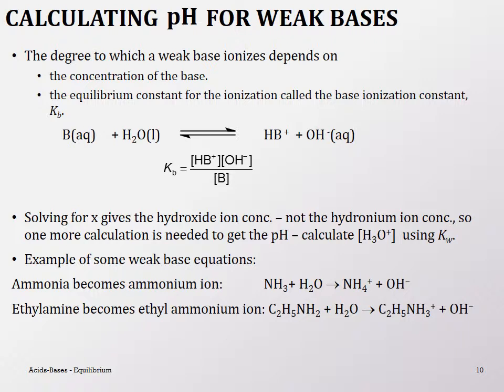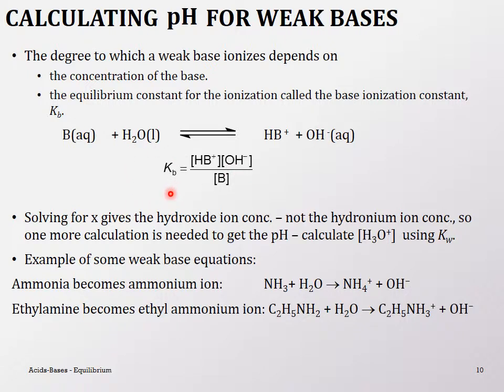All right, and then calculating the pH for weak bases. Weak bases are the same as the acids in the sense that they are also in equilibrium. Now, weak bases are going to have Kb instead of Ka, all right? And so they have hydroxide ion concentration on the top. So when you're calculating the pH, you should be given the Kb.